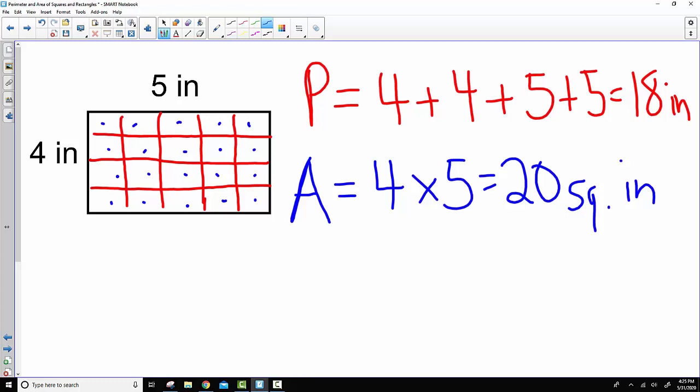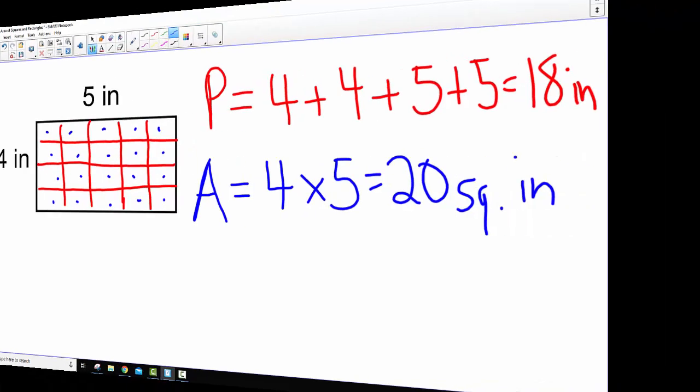Yes, indeed, we are correct. The area is 20 square inches. So for this rectangle, the perimeter is 18 inches and the area is 20 square inches.